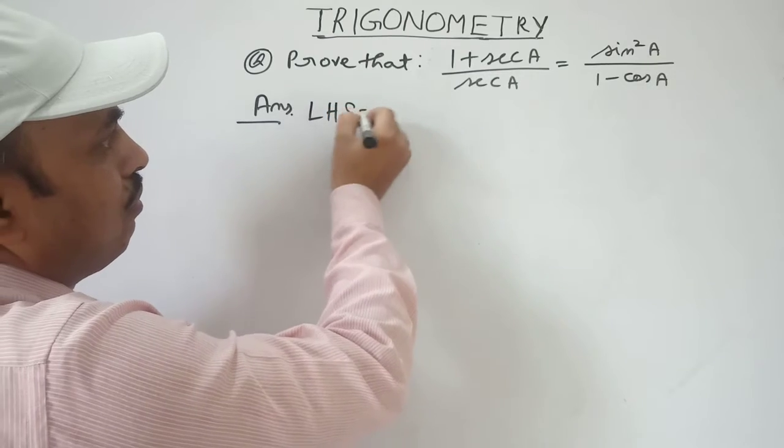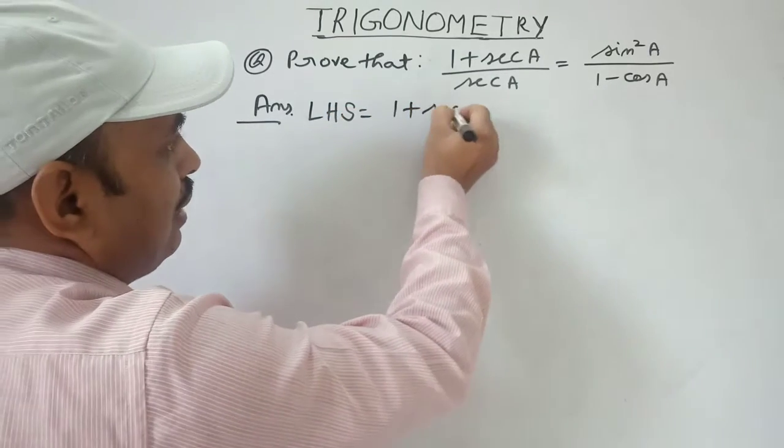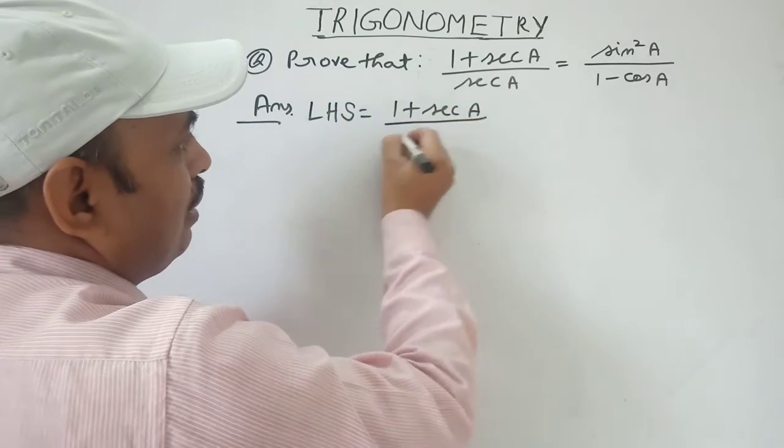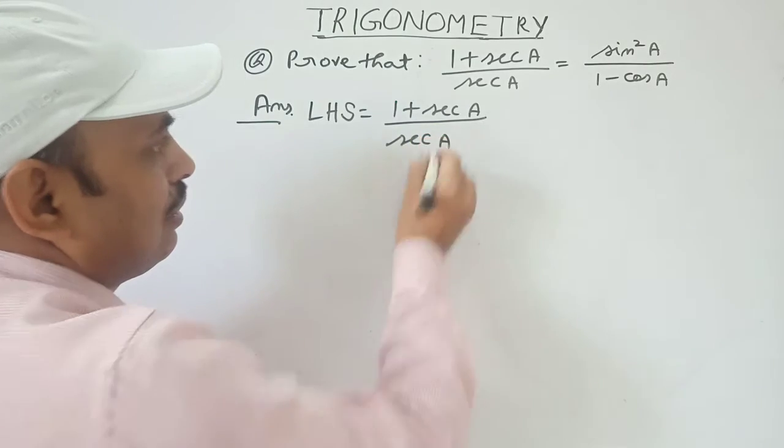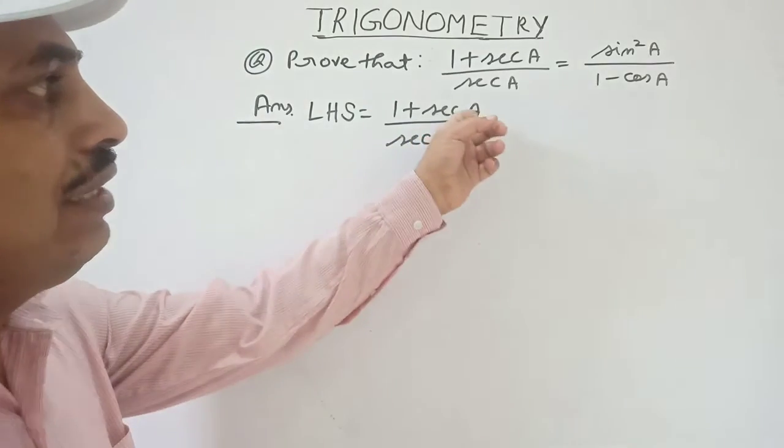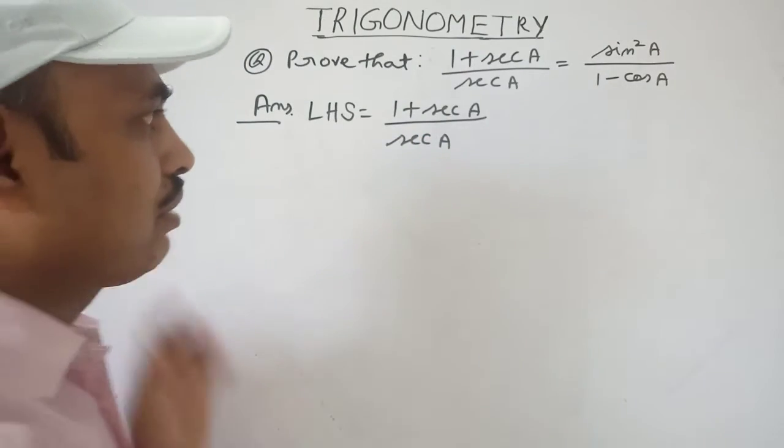LHS equals (1 plus sec A) divided by sec A. We will change sec into cos.